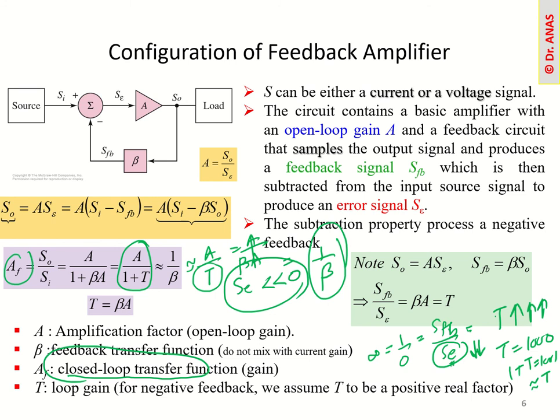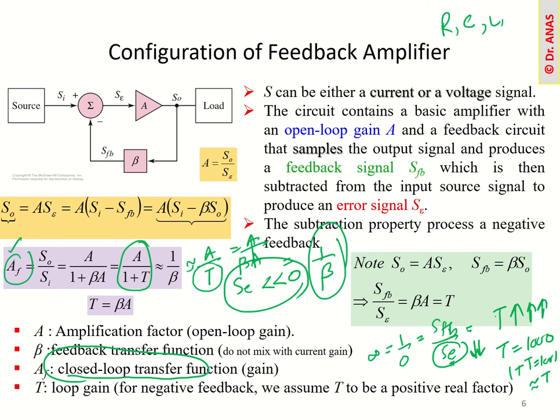Basically, this feedback network, like you have seen in the op-amps, usually consists of resistive, capacitive, inductive elements or diodes. So it means that the feedback amplifier gain only depends on these elements, not the internal parameters of the transistor.